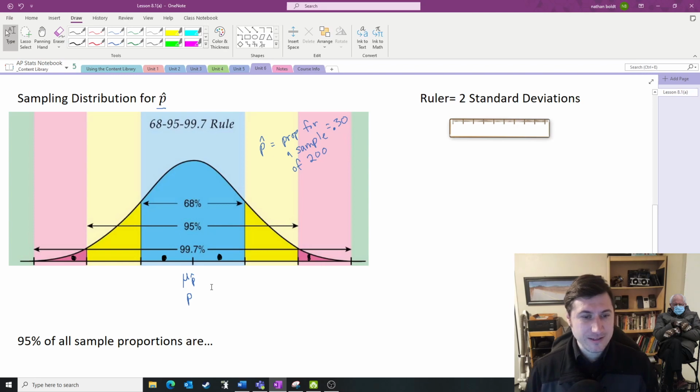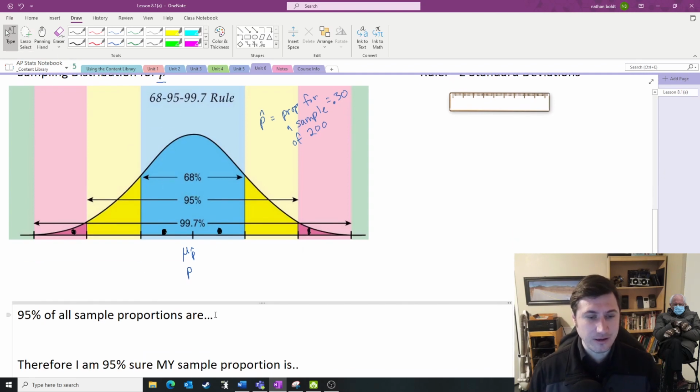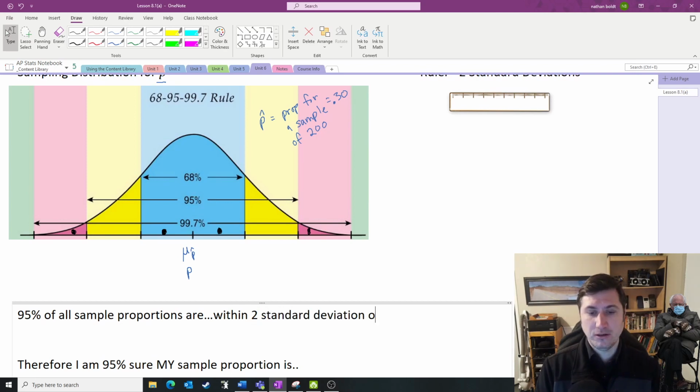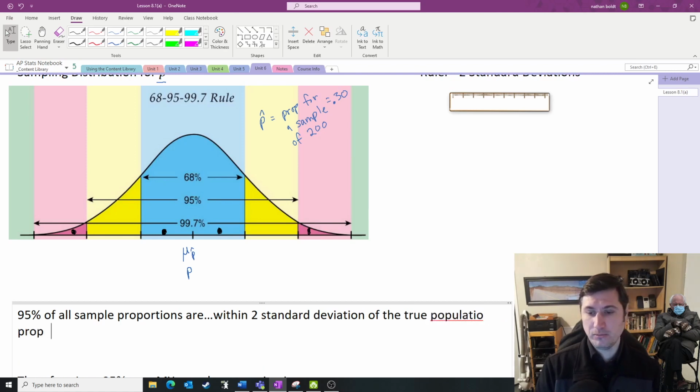Well, we have this idea. I do know that this distribution is normal, assuming n times p is greater than 10 and n times q is greater than 10, but with a sample size of 200, I think I'm pretty safe. Because this is normal, I know this: 95% of all sample proportions are within 2 standard deviations of the true population proportion.